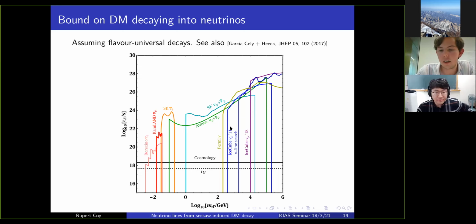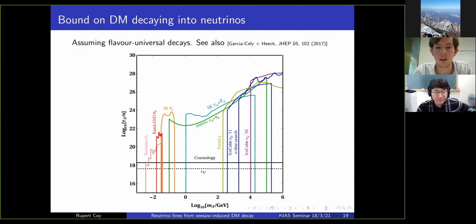In particular, the dark blue and the purple lines correspond to IceCube bounds. And this mustard colored line is to do with Fermi measurements of the gamma ray spectrum. Let me emphasize again that this is robust. This doesn't apply to any particular dark matter model, but should apply to any case where dark matter decays into neutrinos. But we do have a specific model in mind where dark matter decays into neutrinos.